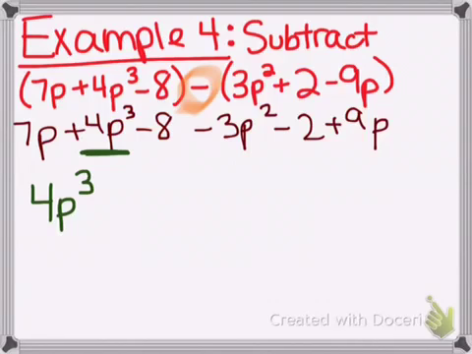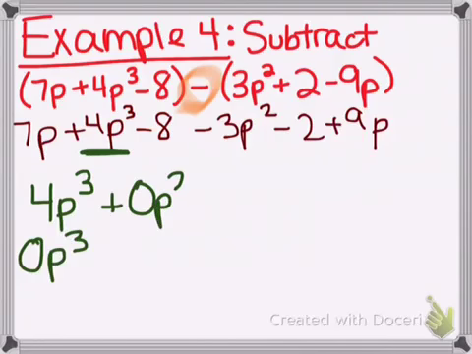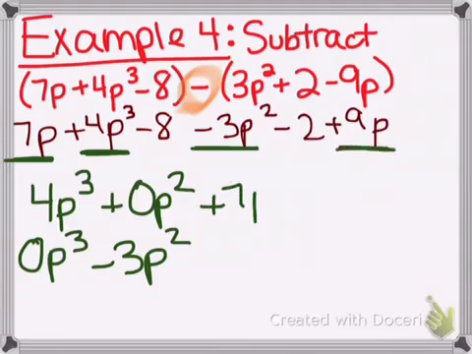I see no other third powers. Alright, in the first polynomial I see no second powers, but I do see a second power right here, negative 3p squared. Alright, now I see a 7p and a 9p, so I will stack those up, 7p plus 9p.